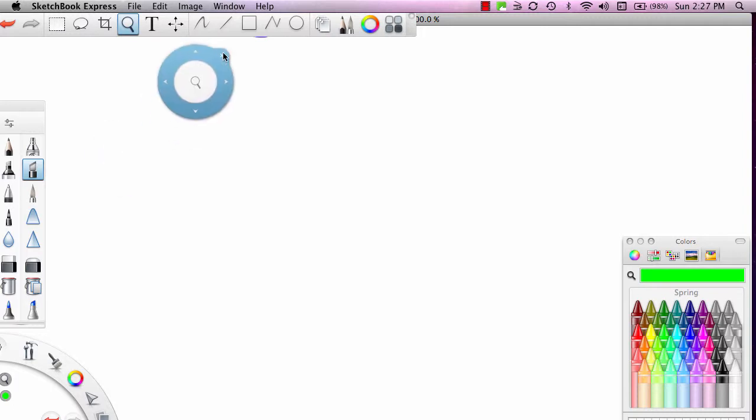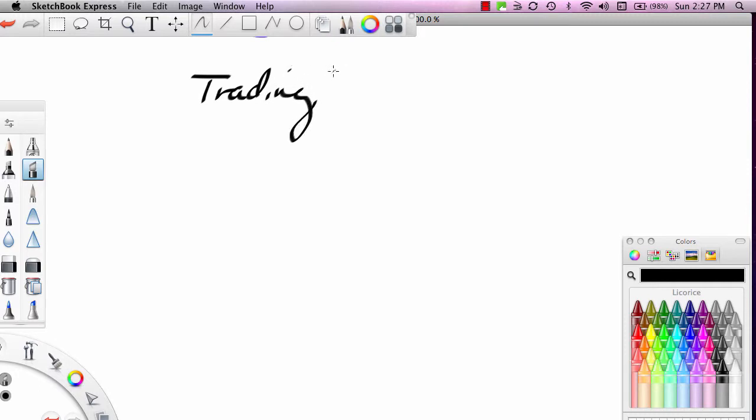So let me switch back to the marker function here. We're going to set up an image of this trading zone. Let's label this the trading zone for tomatoes. We could have just as easily done this for corn.